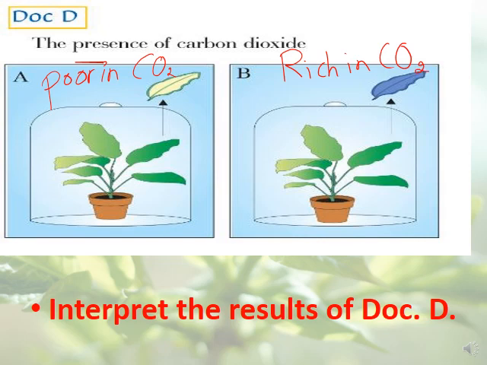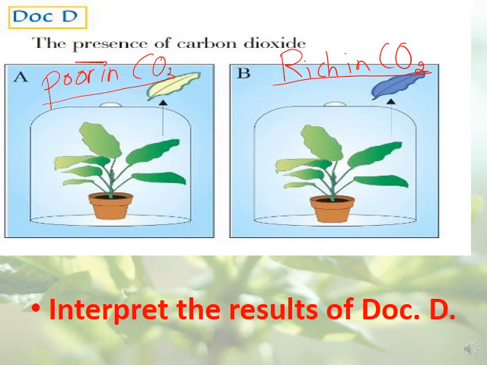If you notice here, we have two plants, A and B. These two plants are placed in a jar that are exposed to sunlight, and they have all the essential elements needed for the process of photosynthesis, but A is poor in CO2, and B is rich in CO2. In A, we took a leaf, and we add to this leaf iodine water or iodine test.